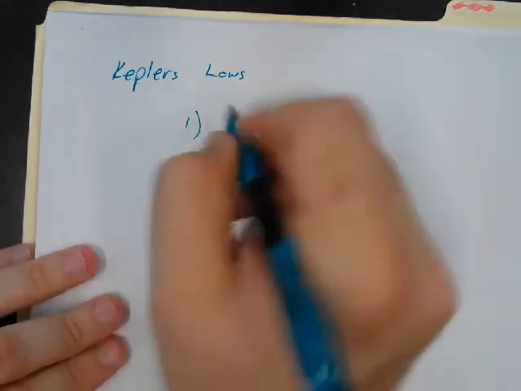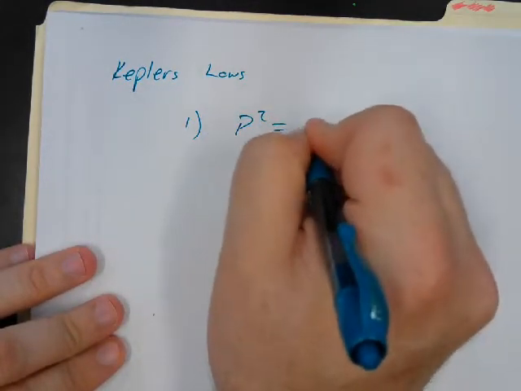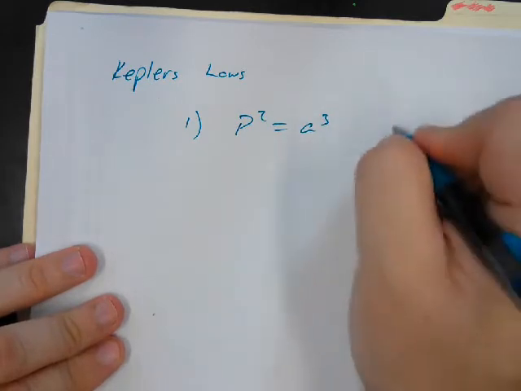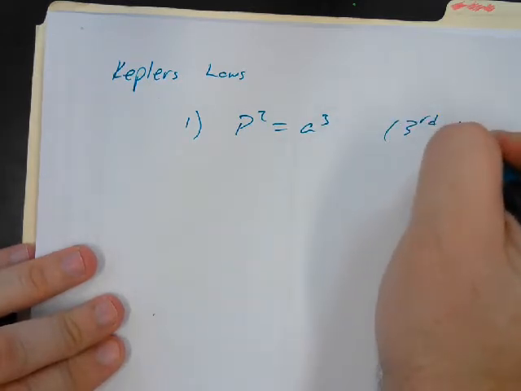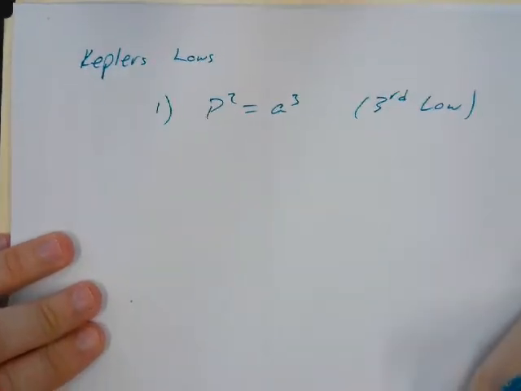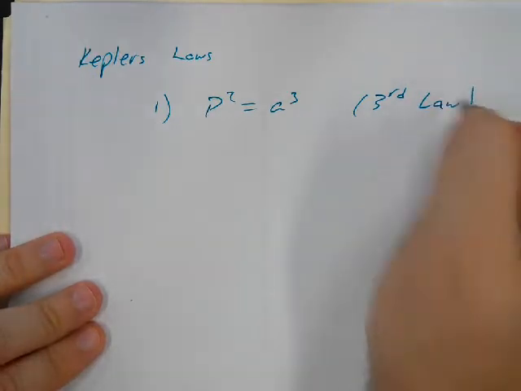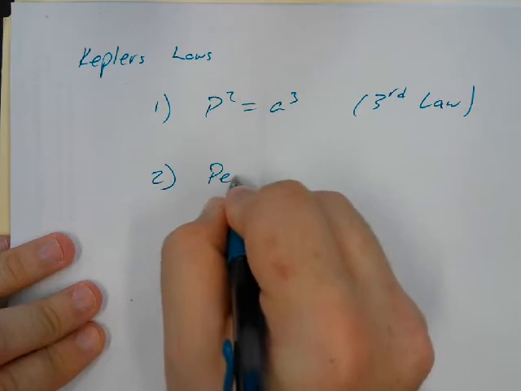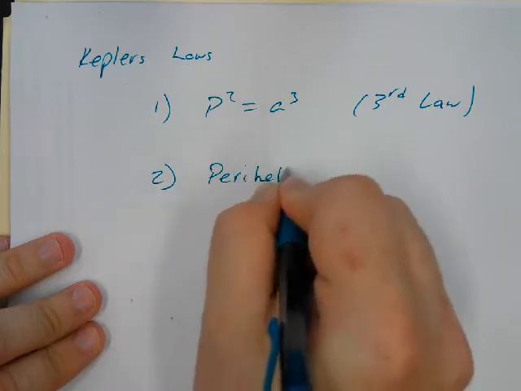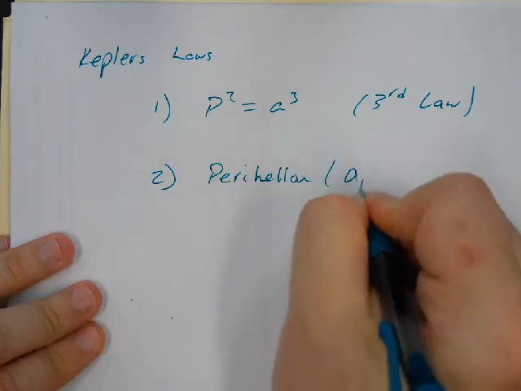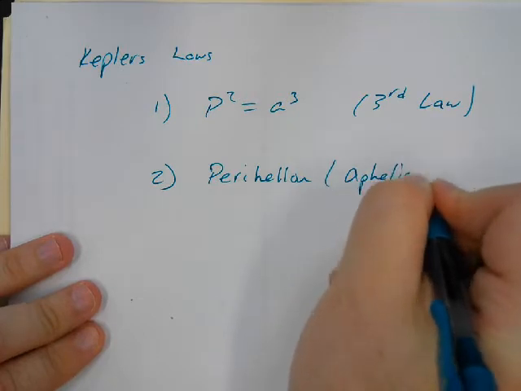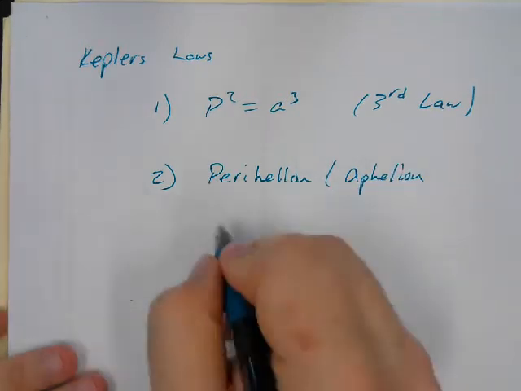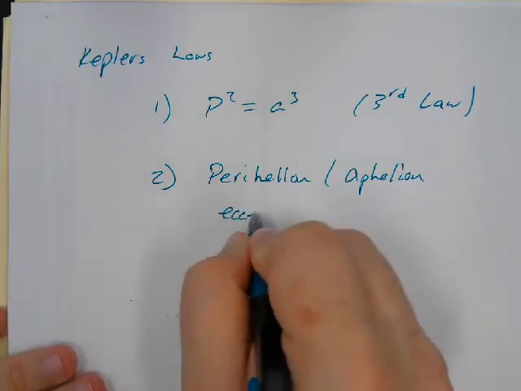One is Kepler's third law. The other is perihelion and aphelion, and this has to do with eccentricity.